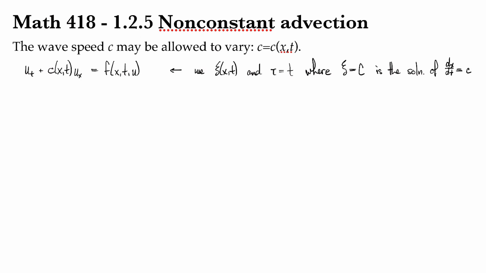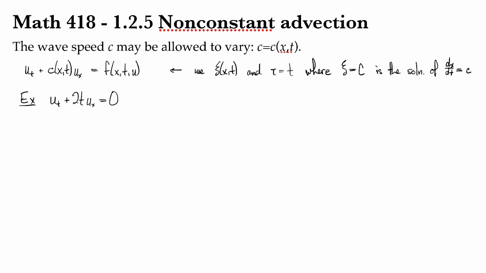Okay, so let's consider an example just to make this a little bit more explicit. So suppose 2t is our c function, and let's just keep it homogeneous for now.